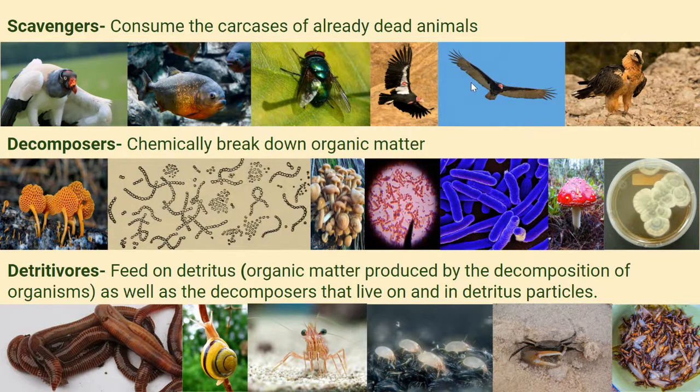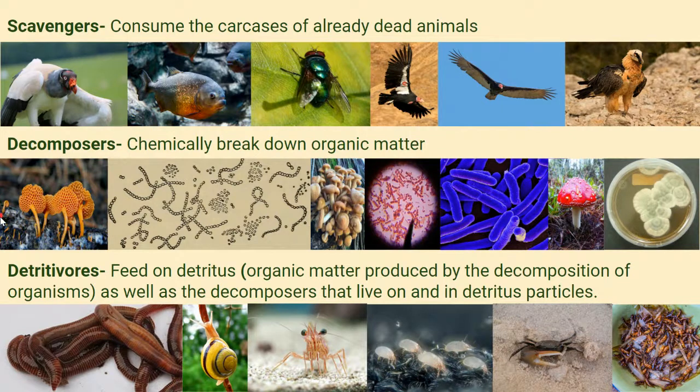Vultures, that's what it is. These vultures only eat the carcasses of animals that are killed, usually by other animals, sometimes by us with our cars. And then flies can also eat the carcasses of dead animals. Piranhas are also considered scavengers. They don't necessarily do the killing, but they will eat already dead meat.